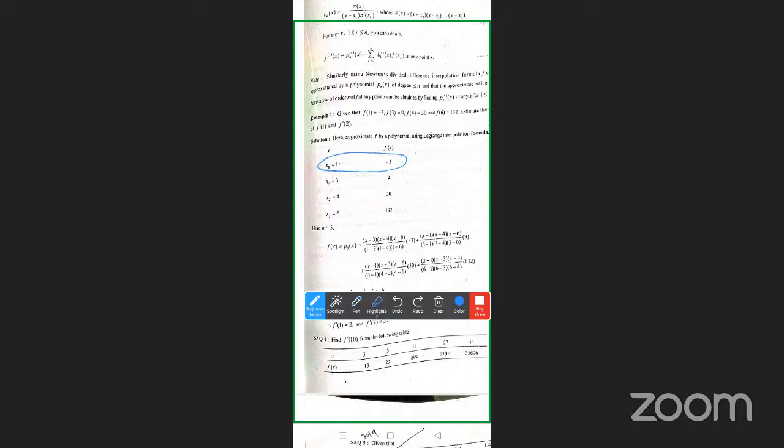How to write the formula: leaving x naught, we cannot consider x naught in the numerator. x minus x1 into x minus x2 into x minus x3. So this is the numerator. We are writing the first term, that is x naught, y naught, the first term.